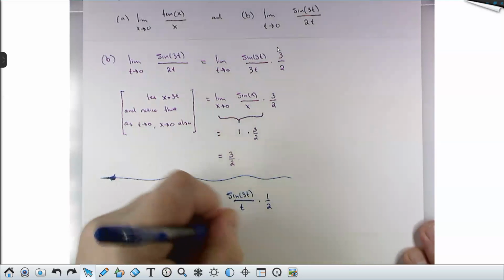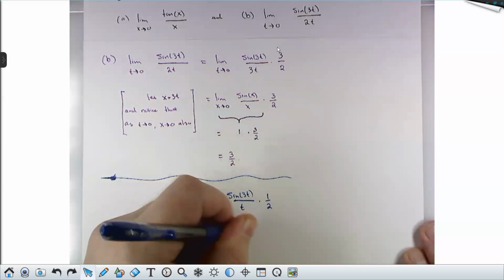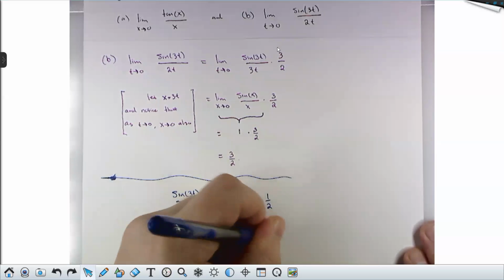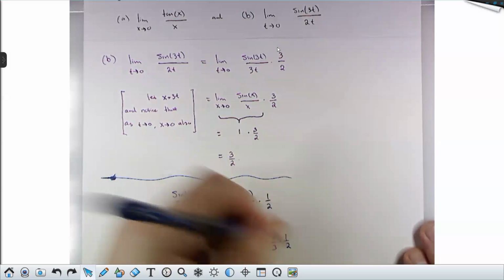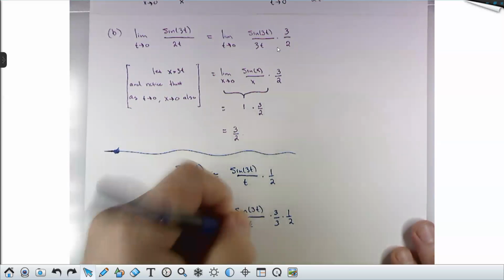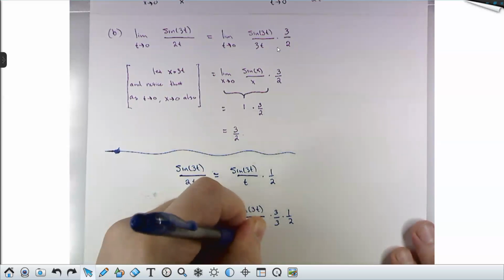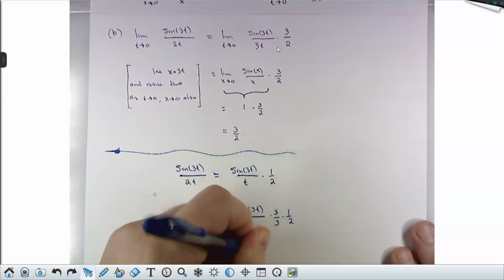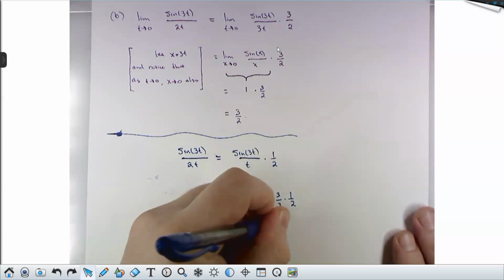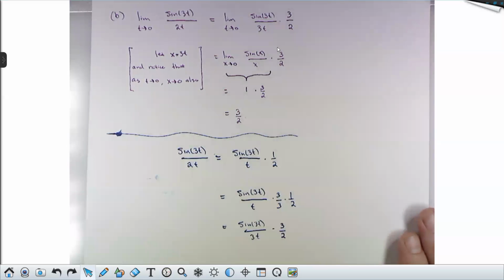And then that's the same as sine 3t over t times 3 over 3 times 1 over 2. And the 3 downstairs I bring inside. So that gives me the 3t downstairs. And the 3 upstairs I group with the 1/2. That gives me the 3/2.